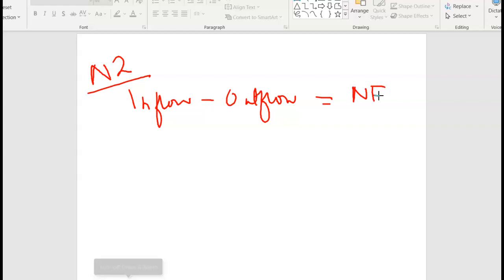So let's determine what the inflow for node 2 is. We said earlier that for a shortest path model, we're assuming that the origin node is a pure supply node and the destination node is a pure demand node. So all the other nodes in between, from 2 to 5, are going to serve as transshipment nodes.